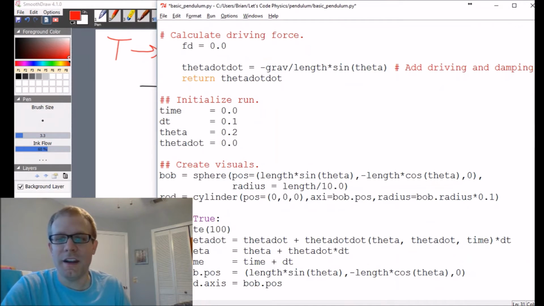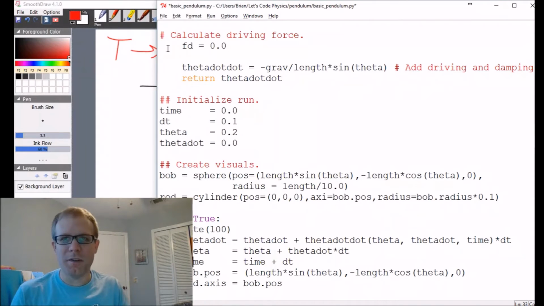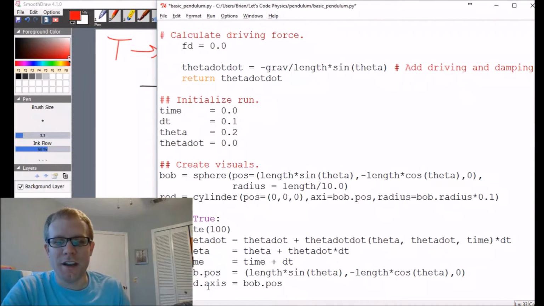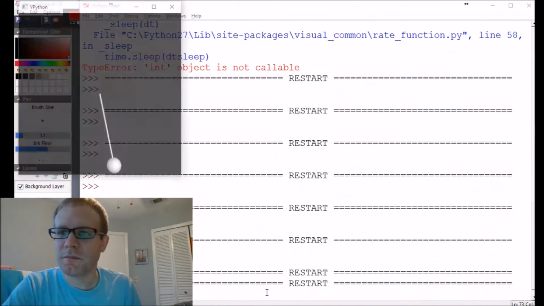Same thing for theta: the next value is equal to the previous value plus the rate times the change in time. And then we'll increment time forward. That doesn't really have any impact right now, but it will later when we're evaluating this driving force. And then, of course, we have to update the pendulum bob's position and the axis of the rod so that we can actually watch it be animated.